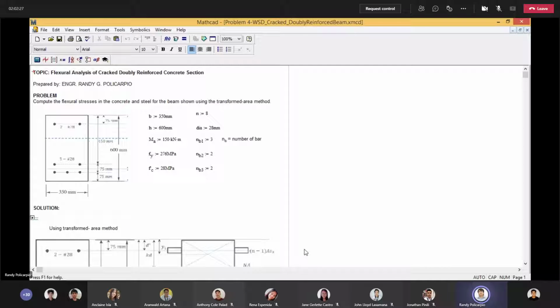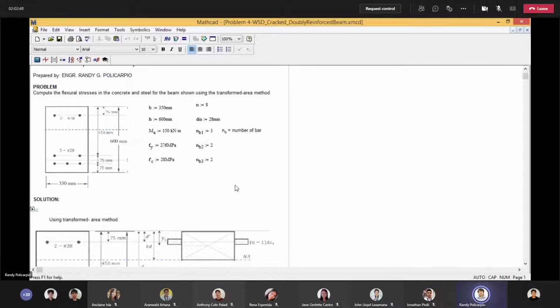Yung architect mo ayaw niya ng malaking beam. So gagamit ka ngayon ng doubly reinforced, no? So that's the use of the doubly reinforced.